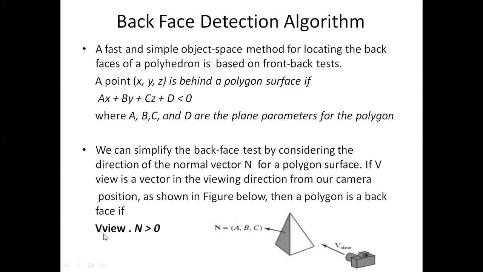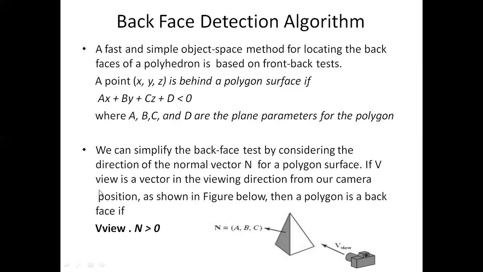If V dot N is greater than 0, then the face is a back face. We can simplify the back face test by considering the direction of normal vector N and the polygon surface.